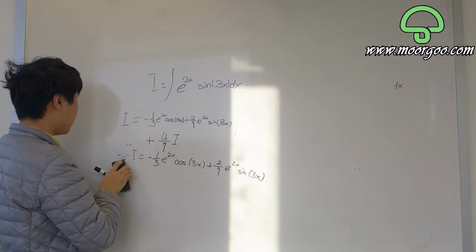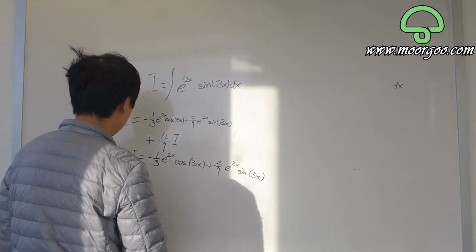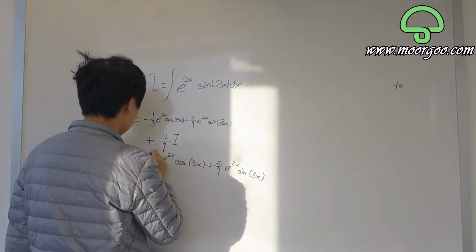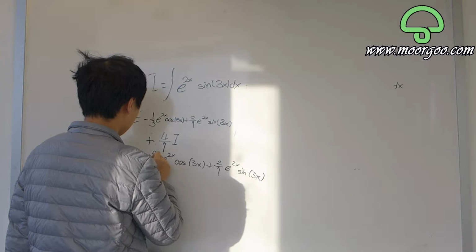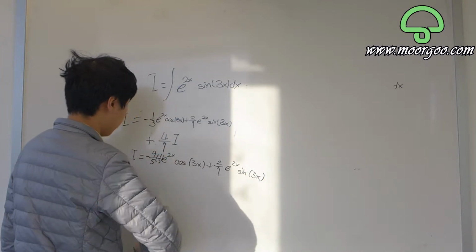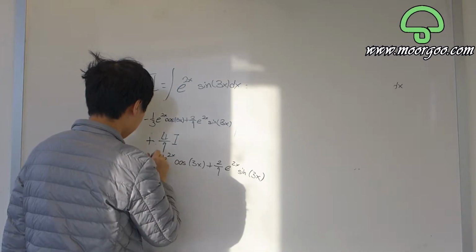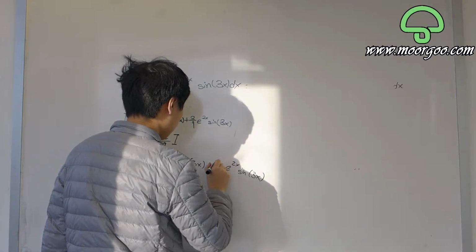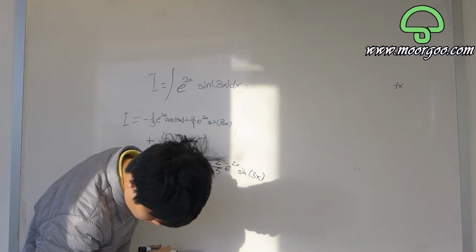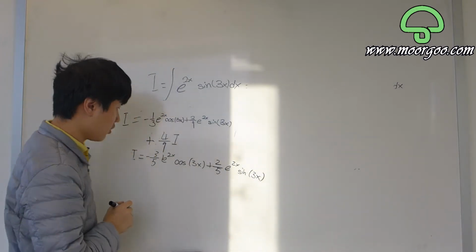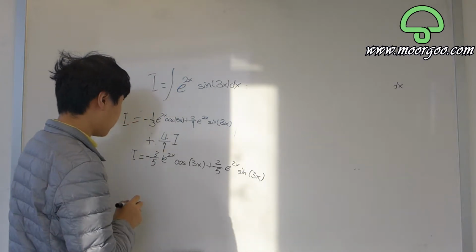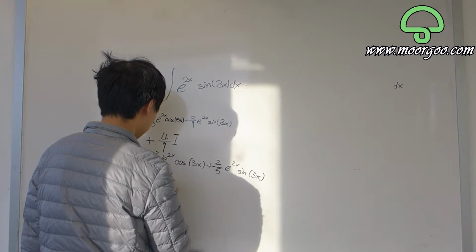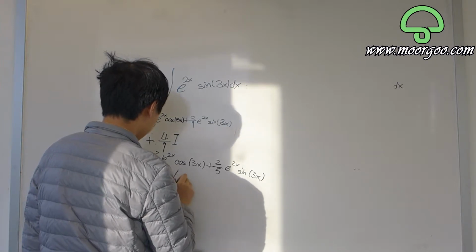Okay, if we want to know I, we multiply both sides by 9/5. This is easy. Or you may want it to be written more neatly.